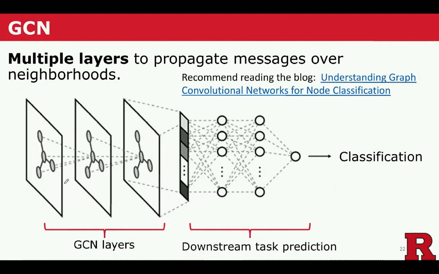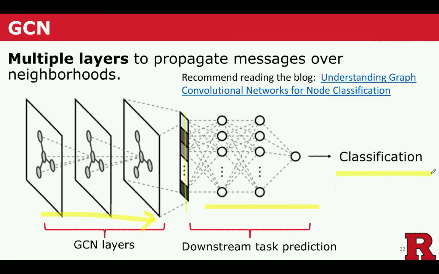So multiple layers are stacked together. The output from the last layer is the learned feature representation of each node, which can be used as the input to other machine learning models, such as a multi-layer perceptron, to perform many other downstream tasks.